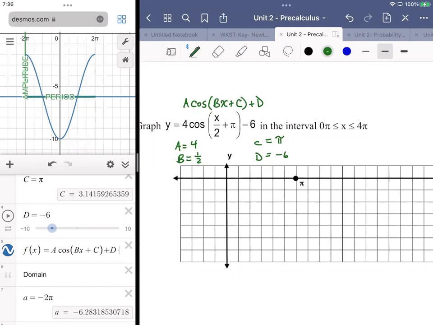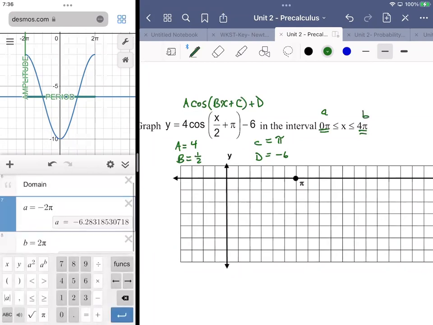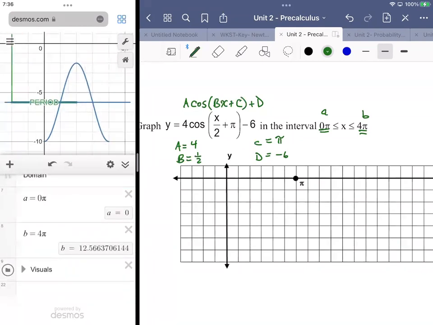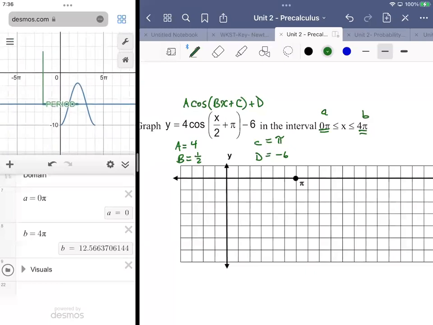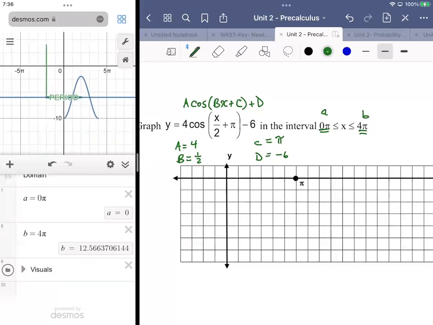Now my domain is going from an A value of 0 pi to a B value of 4 pi. 0 pi is the same as 0, so I can just put that in. But I'll leave the pi there as a placeholder. And then the B value again is 4 pi. Oh, I guess there's something wrong with my code.